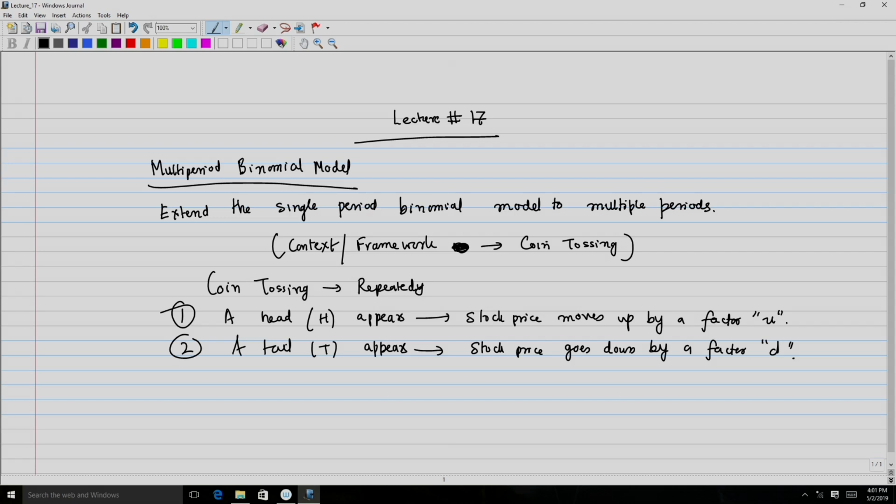Now, when we extend this to a multi-period model, the assumption is that we will repeatedly do the coin tossing problem. So, if we consider three periods, we will have to toss the coin consecutively 3 times, and depending on whether a head or a tail comes in each toss, we model it by an upward or a downward movement accordingly.